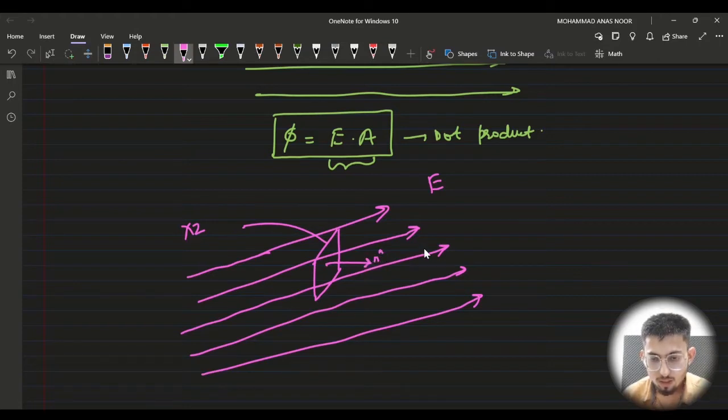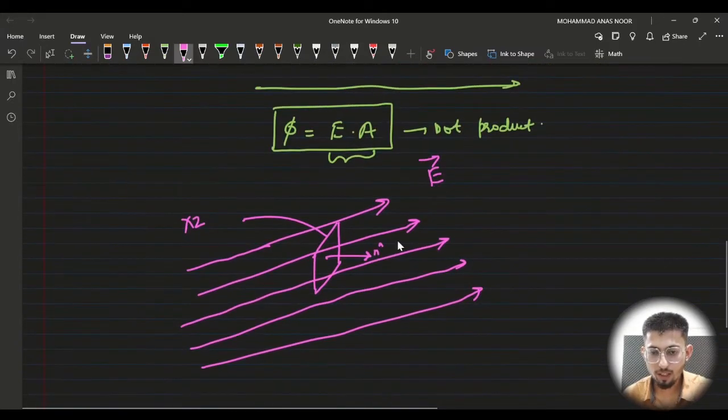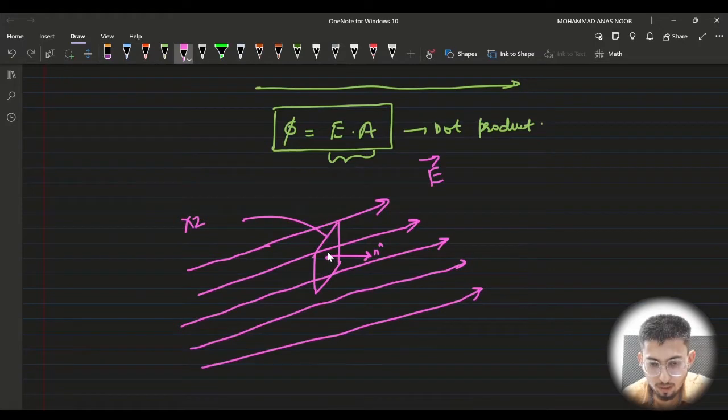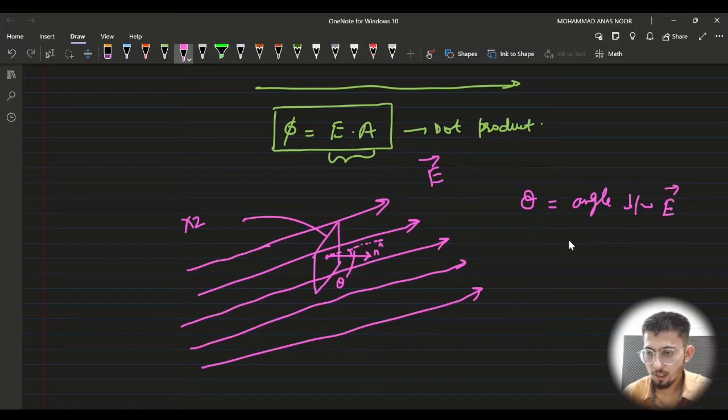So the normal vector and the electric field are not in the same direction. The angle between them is this theta, the angle between the electric field and the normal area vector.